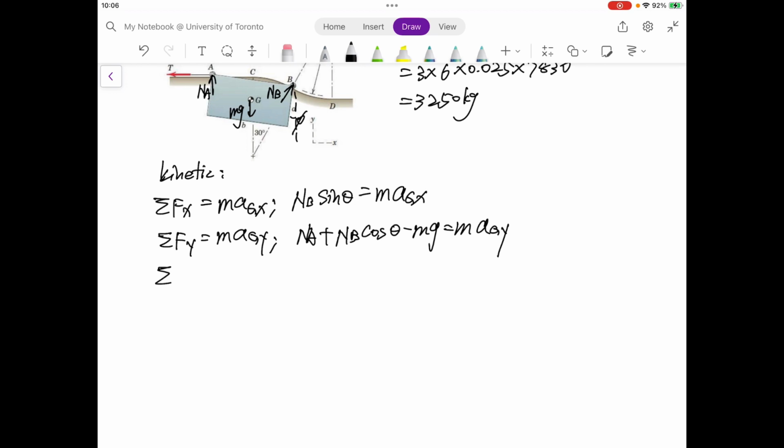And also in our k direction, the moment is equal to I_G alpha.